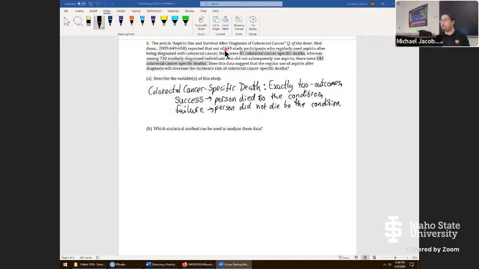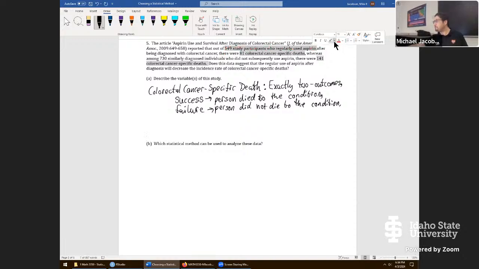It looks like there's two independent populations, and that's the same variable that you're mentioning. So let's see if we can highlight it as well. 549 study participants had regular aspirin use, and 730 similarly diagnosed individuals did not use aspirin. And so our next variable is aspirin use.